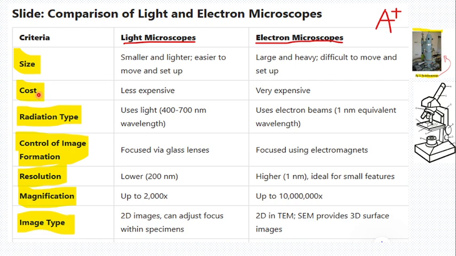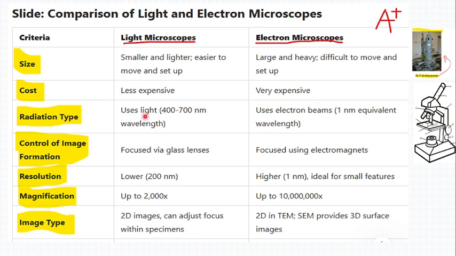In terms of the cost, in Rwanda we don't have electron microscopy, means it is expensive, but we have many light microscopes. Even in my secondary school, there was a light microscope, means it is less expensive. Light microscopy is less expensive, while electron microscopy is very expensive.